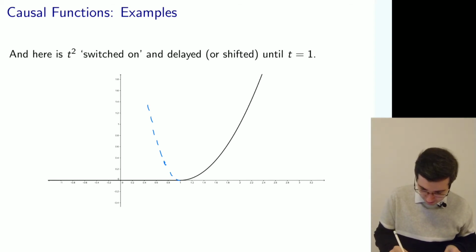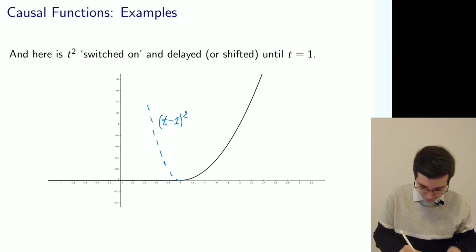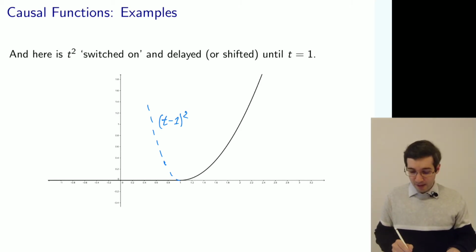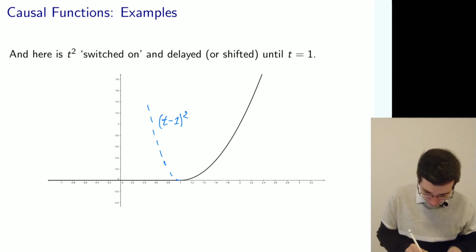So that is (t minus 1) squared. And then you also applied again a unit step function which only switches on at time t equals 1.